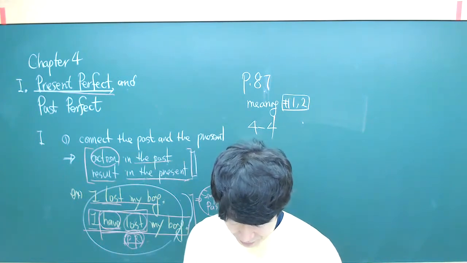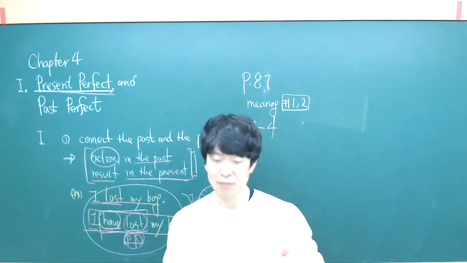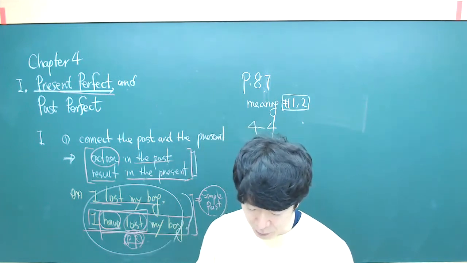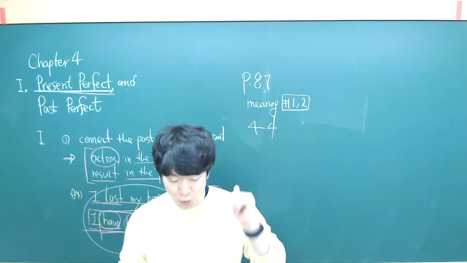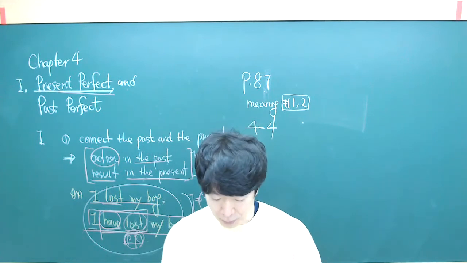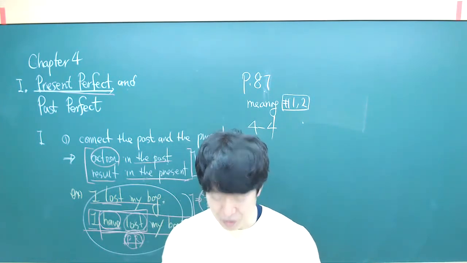See, at ENF, Anne was in Miami for 2 weeks, and Bob has been in Miami for 2 weeks. There's a difference. When you say Anne was in Miami for 2 weeks, it means the simple past. And Bob has been in Miami for 2 weeks. What's the difference?